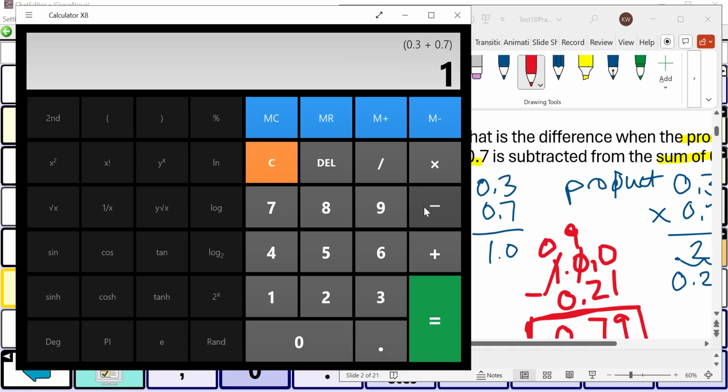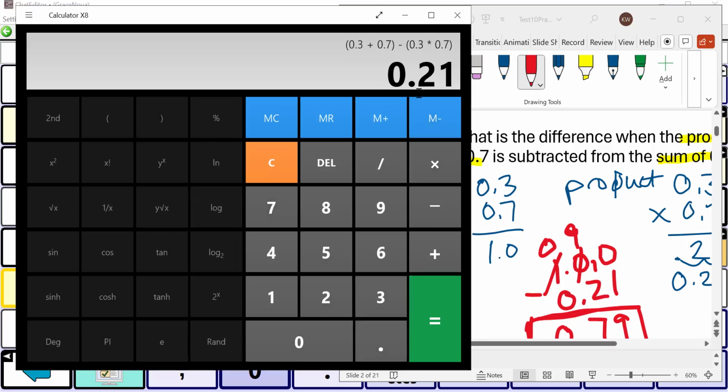Then we are going to subtract the product that we got of those two numbers. So we're going to group that one together with its own set of parentheses. So we do left parenthesis 0.3 times 0.7 and end parenthesis.